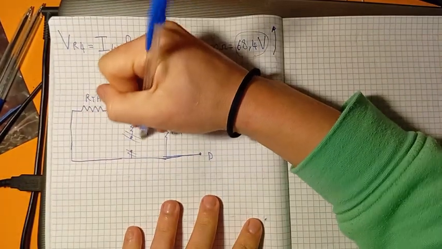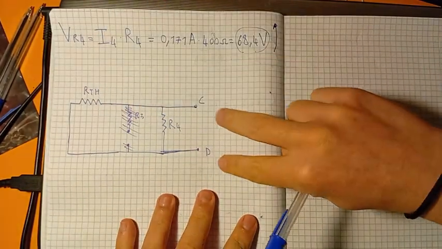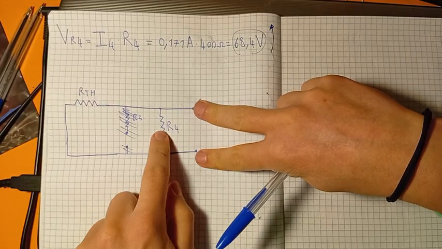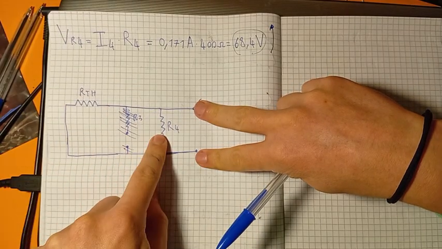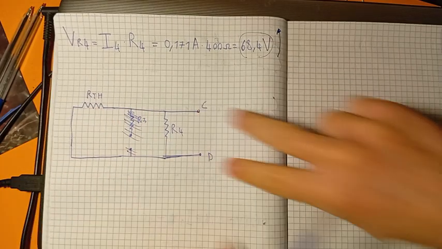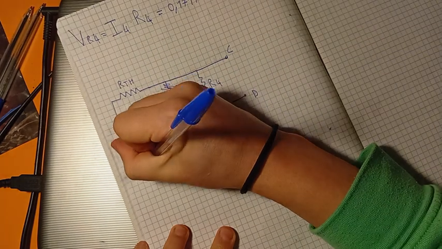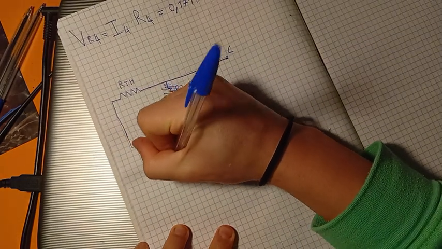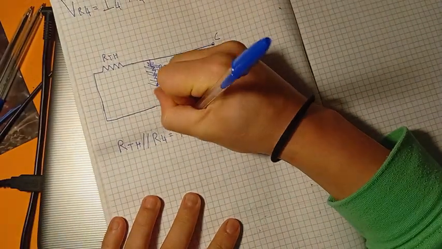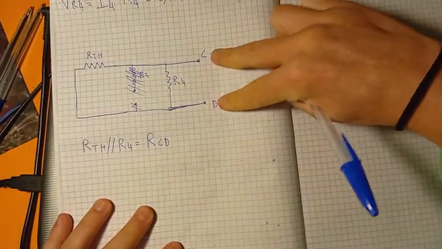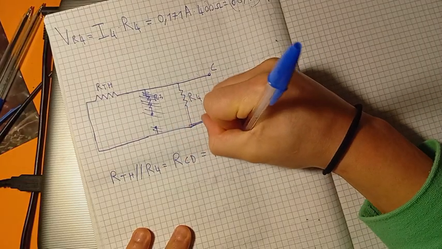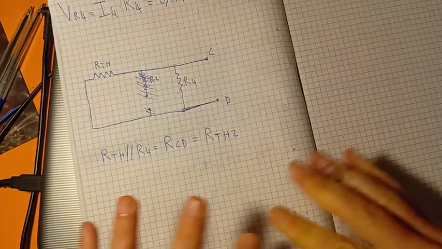It is like this does not exist. So the total resistance seen by these 2 points is just RTH parallel R4. This is the RCD, and this means that this is also RTH2. This is what we are searching.